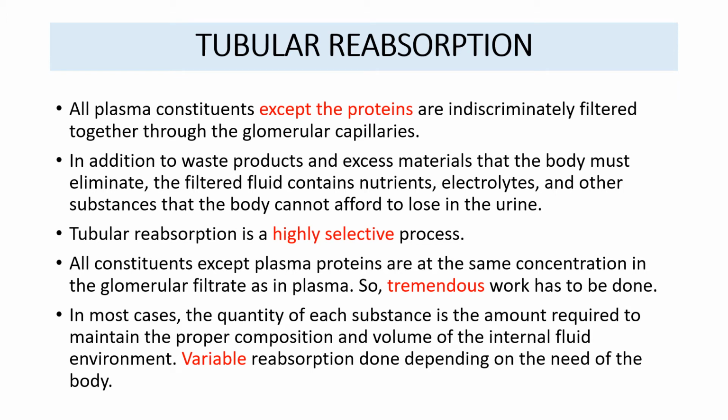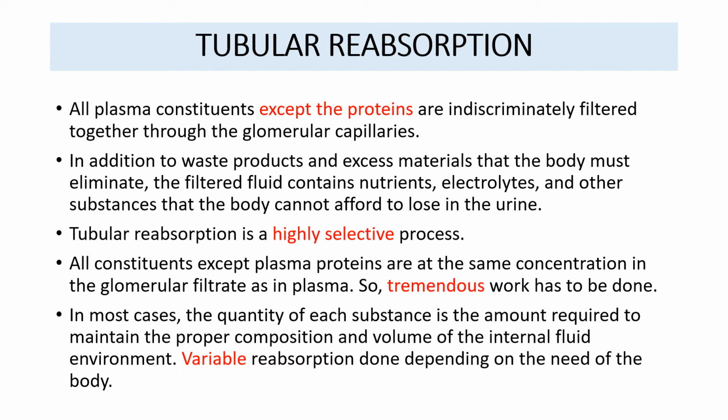This tubular reabsorption is a highly selective process. All constituents except plasma proteins are at the same concentration in the glomerular filtrate as in plasma. So you understood? The tubules have tremendous work to reabsorb the solutes and excrete only the unrequired ones and take up all the nutrients that are required.